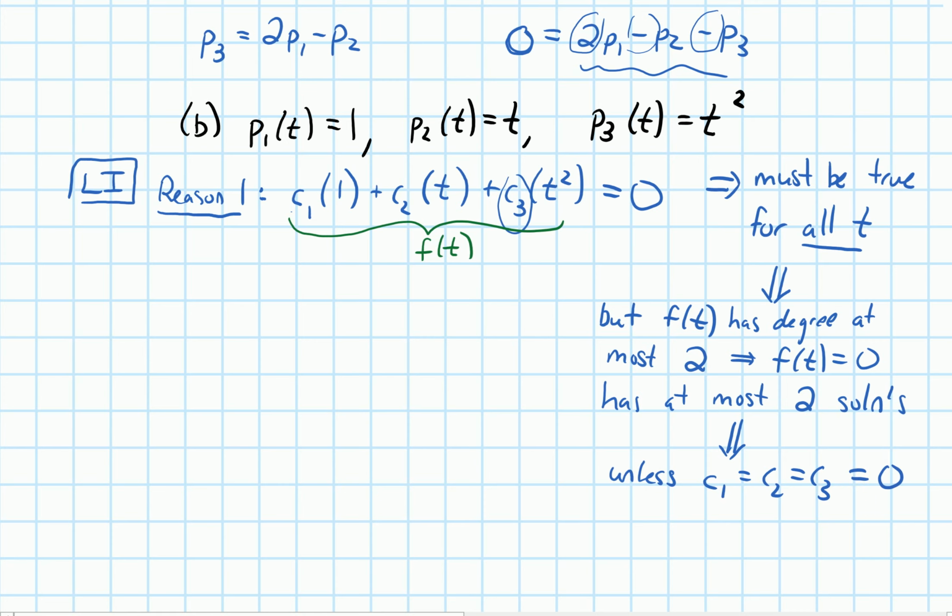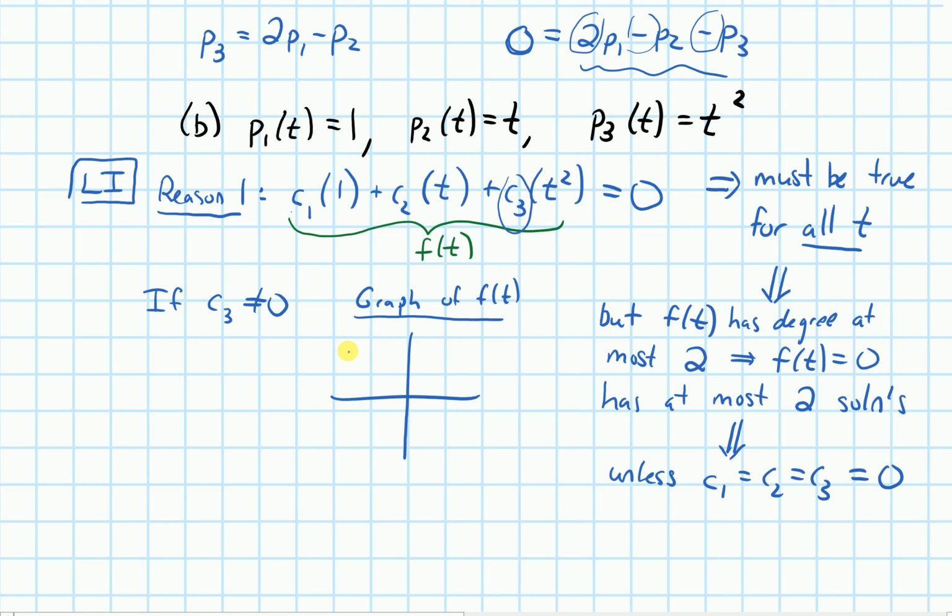To visualize why a little bit, let's think about 2 possibilities. Well, what if C3, the coefficient of t squared, was not 0? If I looked at the graph of f of t, I'd have a quadratic.